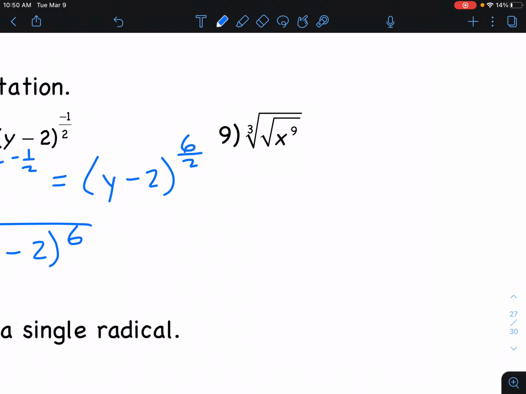Number 9 is that tricky one, radical in a radical. So on the previous page, we dealt with the inside one first. So the inside one is square root of 9. So what would that be? That'd be 9 halves. And then that would be to the power of 1/3 for the cube root.